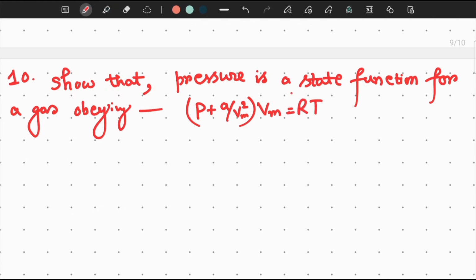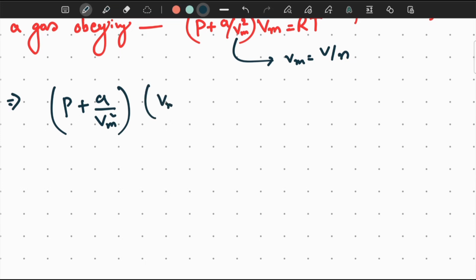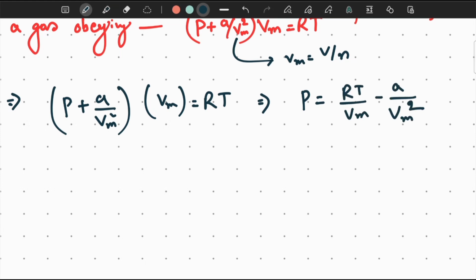It's not totally a van der Waals gas, it's kind of a van der Waals gas. Where Vm, you know, is the molar volume V by n. So from here you can write P = RT/Vm minus a/Vm square.